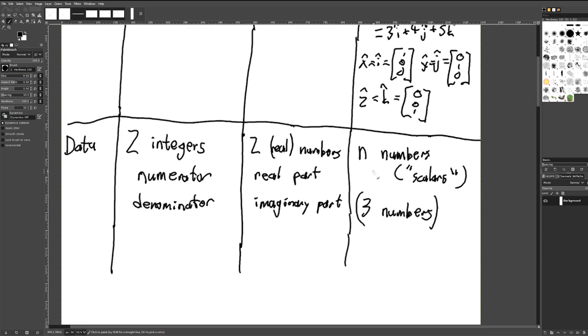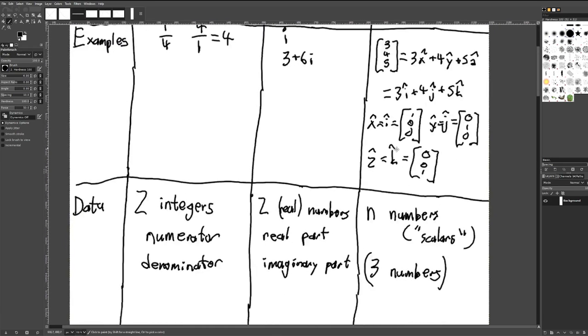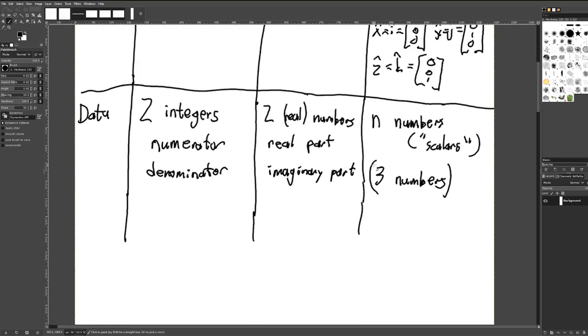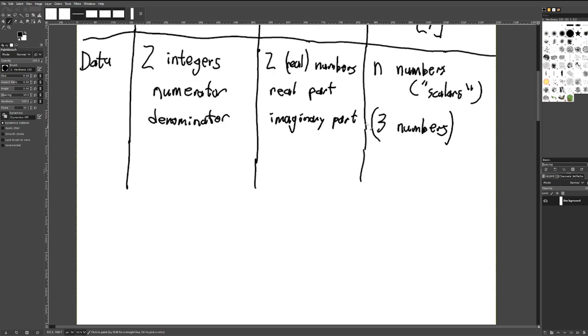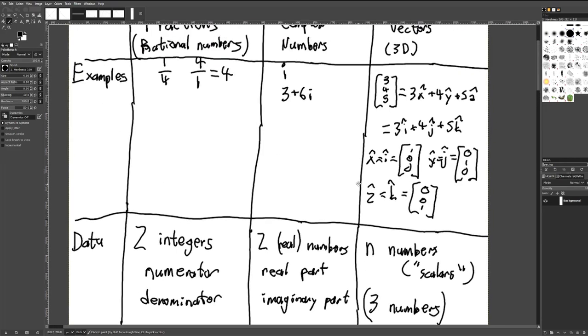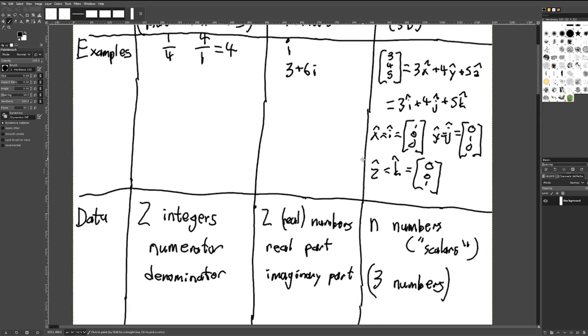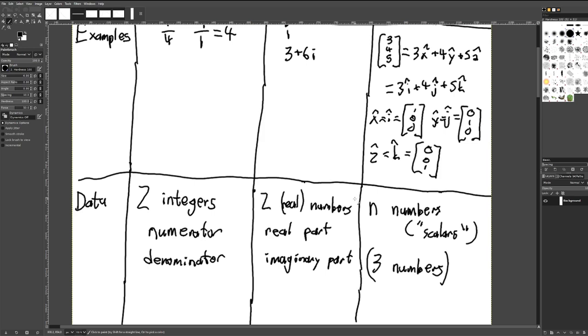And then the next thing that you can do with these that's kind of interesting to look at is operations on these things. We have operations on numbers, like addition and multiplication and so on.